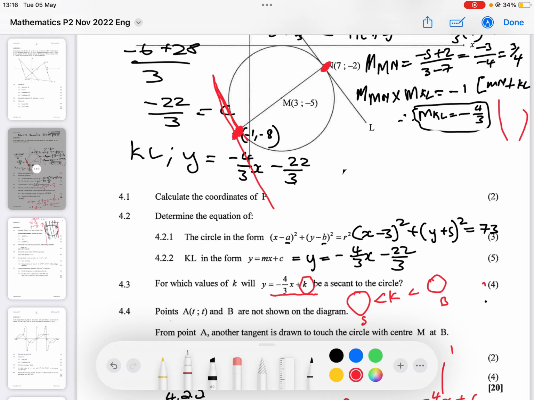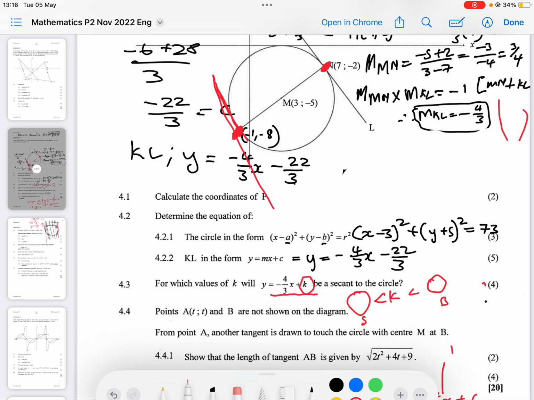This one has the y-intercept of negative 22 over 3, which is negative 7.33.